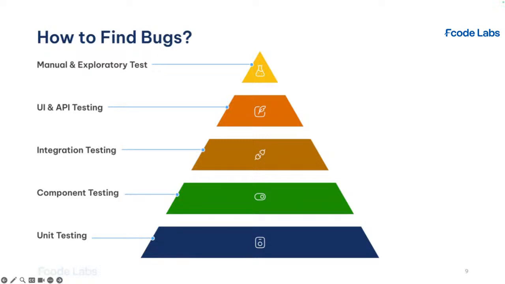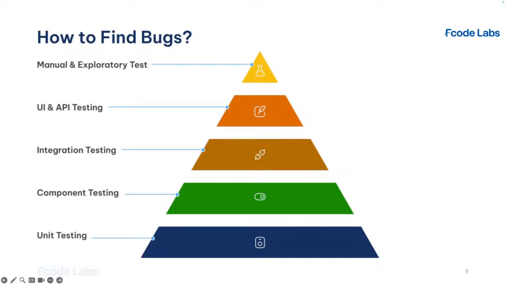We want to cover as many tests as possible in the development phase itself with unit testing, because unit tests are small, easy to automate, and run very quickly, so that we can identify issues, bugs, and defects in our functions at the earliest possible by running these unit tests. And then we need to have component testing and integration testing to make sure all the components and different integrations, even the third-party integrations that we have in our product, are working fine.